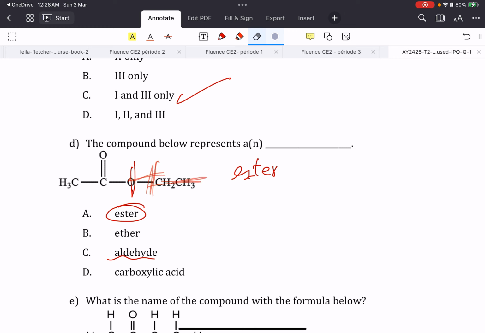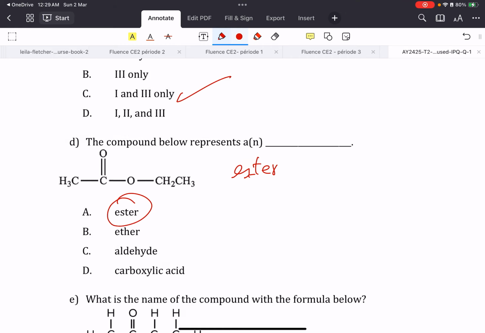Like that, I will answer C. If the answer must be D, carboxylic acid, we should have H over here. So I'm giving you all the possible options that might come in the exam because they might give the same question but change the formula, the given compound. So this is an ester.